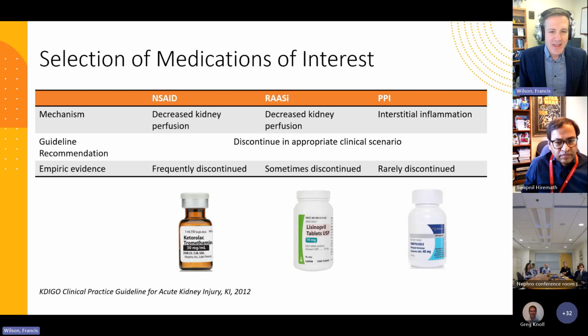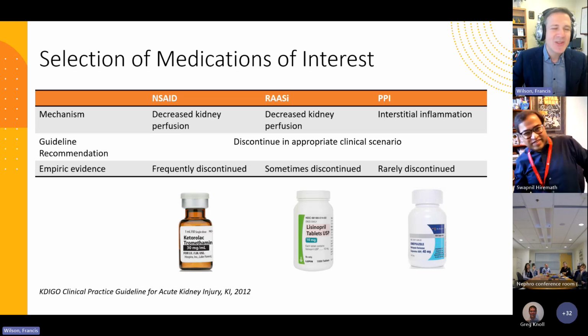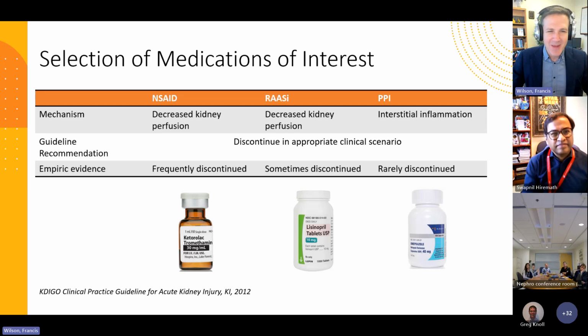And so we envisioned this really as 3 trials in one. A trial of NSAID cessation, which is something that everyone agrees you should do in the face of AKI. An interesting trial, and Swap knows that it has been in my heart for a long time, is a trial of ACE inhibitor stoppage in acute kidney injury.